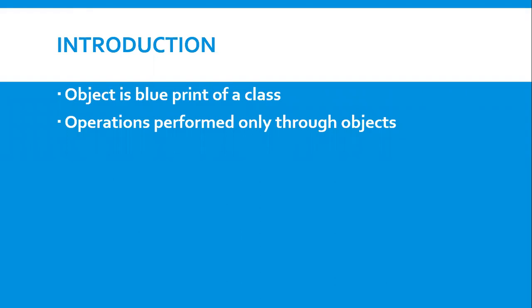Without the existence of the class, you cannot create an object. Why? Because all the main operations will be performed only through objects. We cannot use classes directly to do any operation. Whenever you want to make use of a class, you are supposed to create an object. That is the only thing that you have to do. We don't have any alternative. We cannot use classes directly.